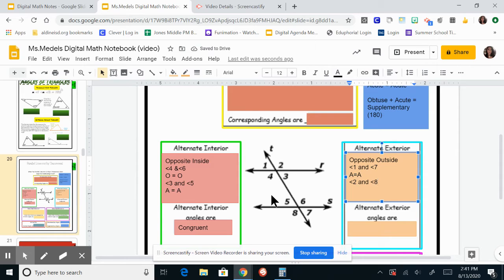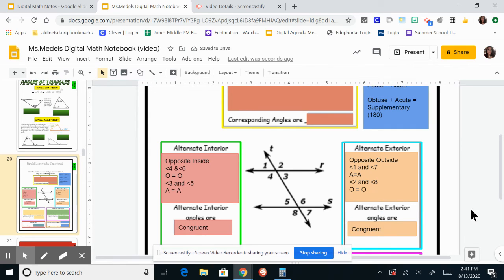So if I look at angles 2 and 8, I can see that those are both big angles or both obtuse. So I'm going to put O is equal to O. Now, because both angle 1 and 7 are the same and angle 2 and 8 are the same, the conjecture or the idea that I can get from this is that alternate exterior angles are also congruent. Okay, they are also congruent.